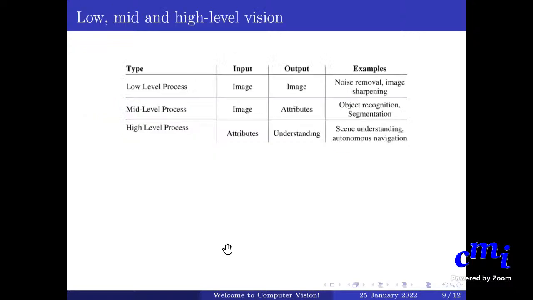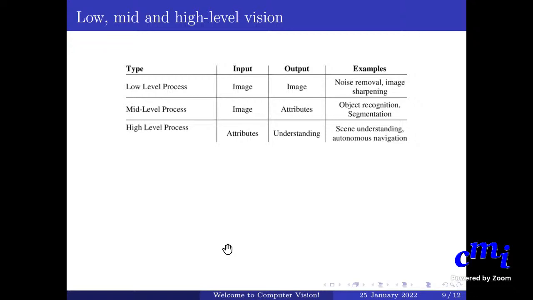Now, once you know how image formation happens, then we can start talking about vision. In vision, it is generally divided into three levels: low or early level vision, mid level, and high level.